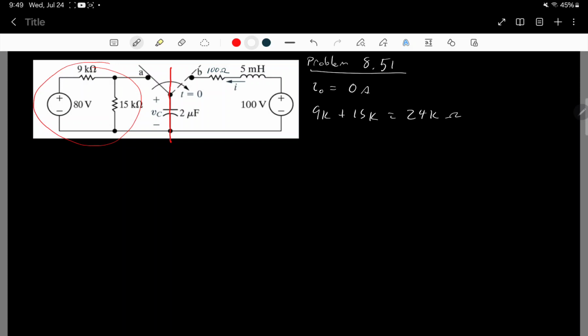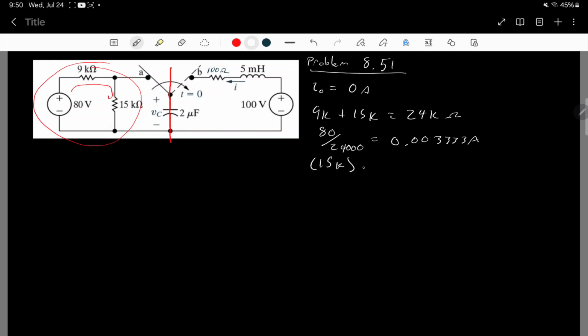And then to find the current in that loop, we're just going to do 80 divided by 24,000, which is roughly 0.003333 amps.